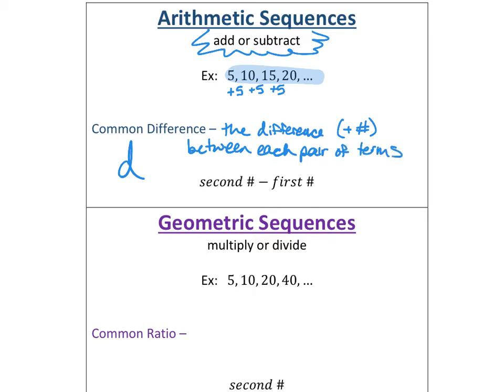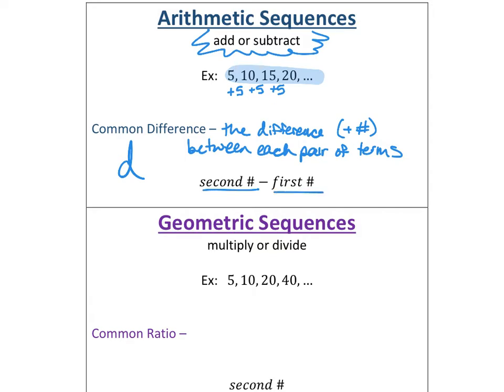If you don't automatically see the common difference, like we could see in this example sequence that it's going up by 5 each time, the way that you can find the common difference is by taking the second number in the sequence and subtracting the first number in the sequence.